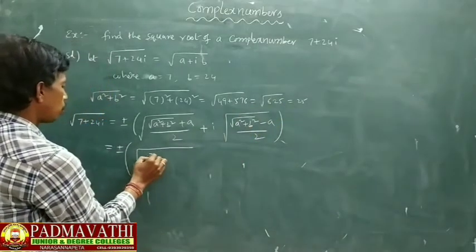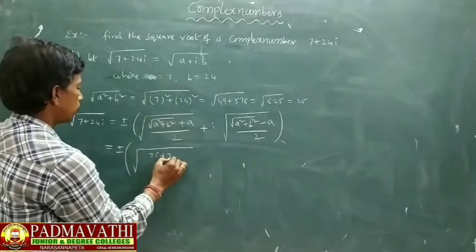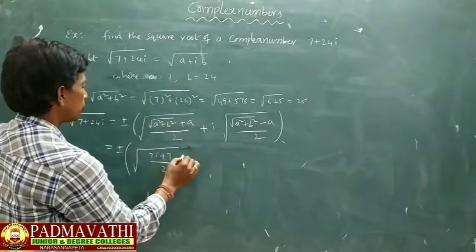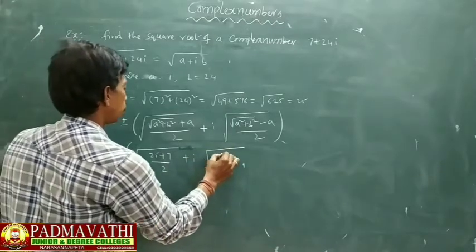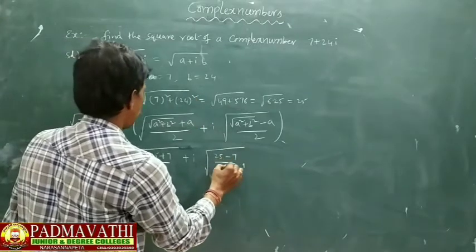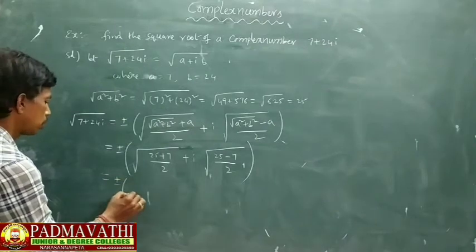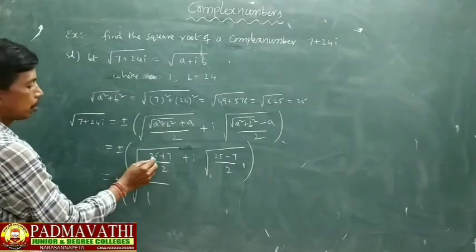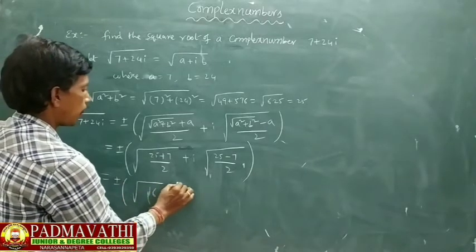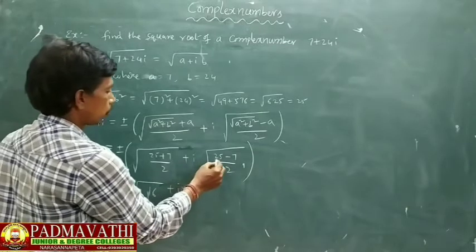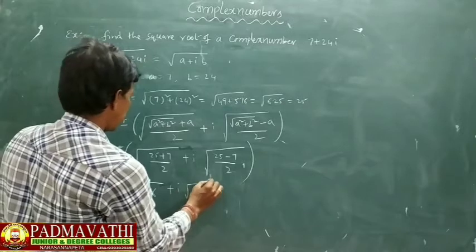25. Square root of 25 plus 7 whole by 2, plus i into square root of 25 minus 7 by 2, that equals plus or minus root 32 by 2, 16, root 16, plus i, 18 by 2, root 9.